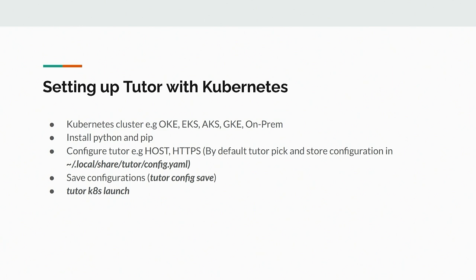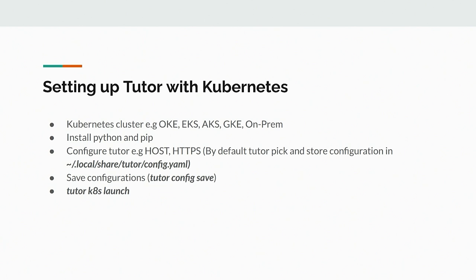The next part is how you can set it up on Kubernetes. It is compatible with all famous Kubernetes providers, be it AWS, GCP, Azure, or Oracle, or you can also deploy it on-prem. Its installation is as simple as needing Python and pip.